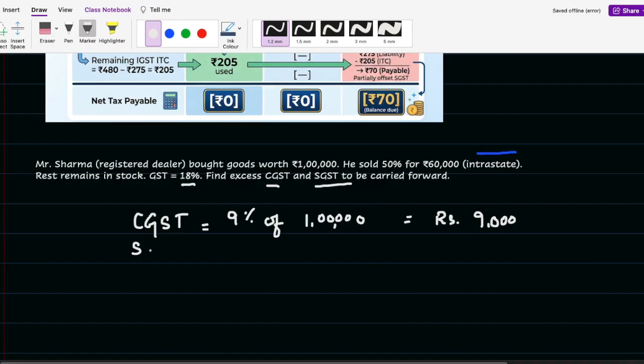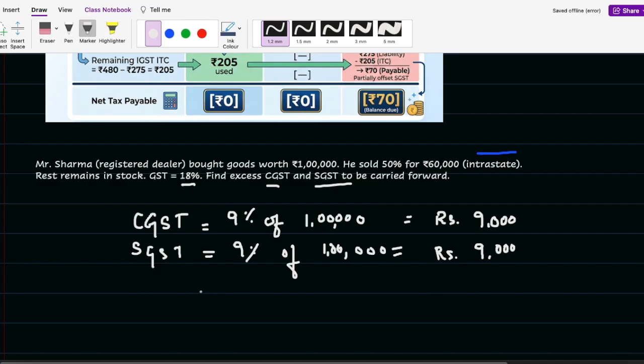What about state? State will also have the same, 9% of 1 lakh, equal to 9,000. So totally he has paid 18,000 rupees in the form of GST to both center and state.